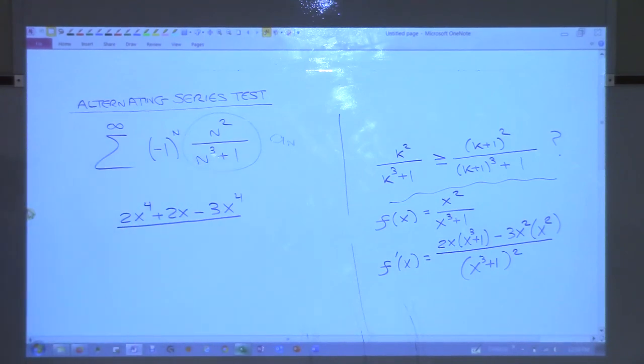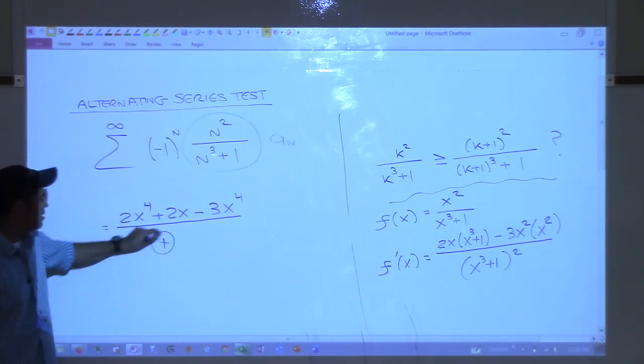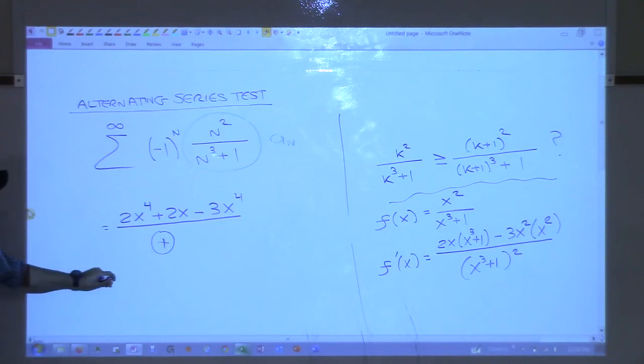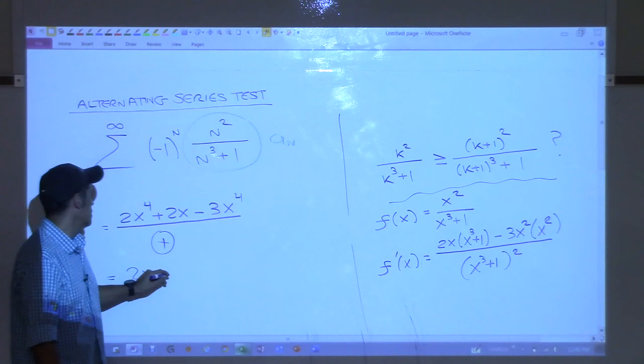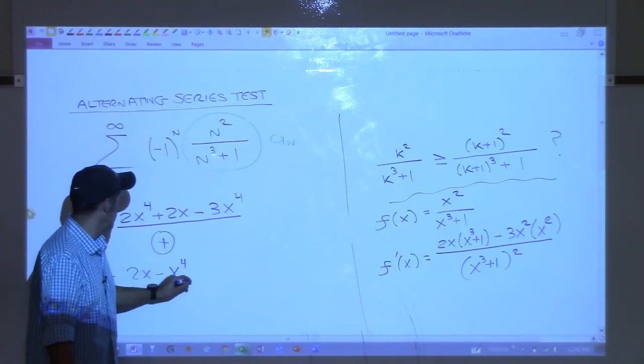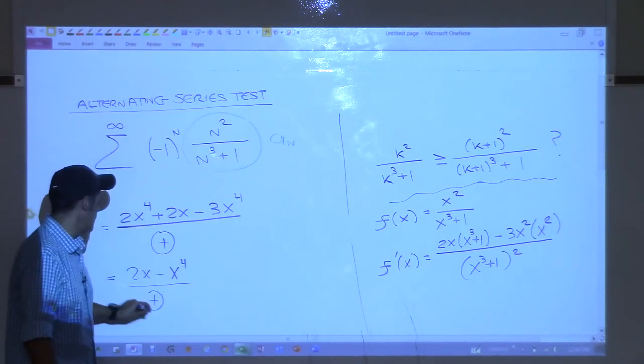What can you tell me about the bottom? It's always positive, right, because you're squaring something. So that's not really going to contribute. The numerator is 2x minus x to the fourth, over a positive number.